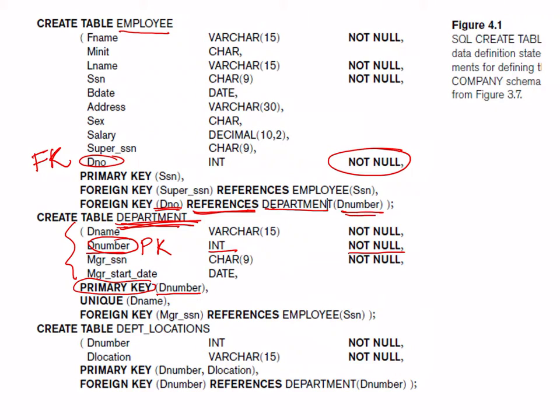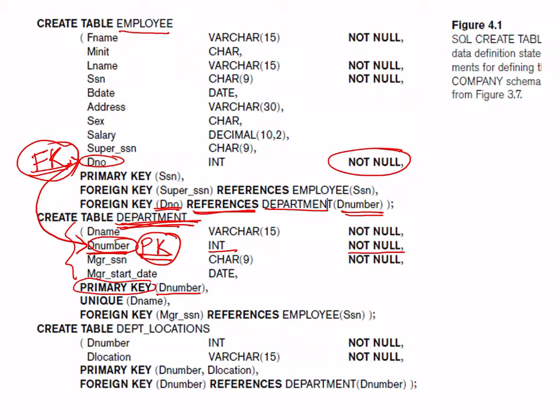And where is the D number attribute? The D number attribute is here. The D number attribute is the primary key, and DNO is a foreign key in the other table, which is the employee table. So now these two are connected with each other, and I had told you about the entity integrity constraint, wherein it was mentioned that all the values mentioned in the foreign key should also be present in the primary key.